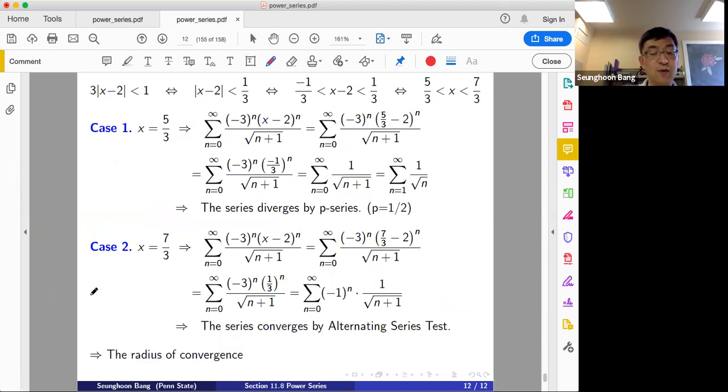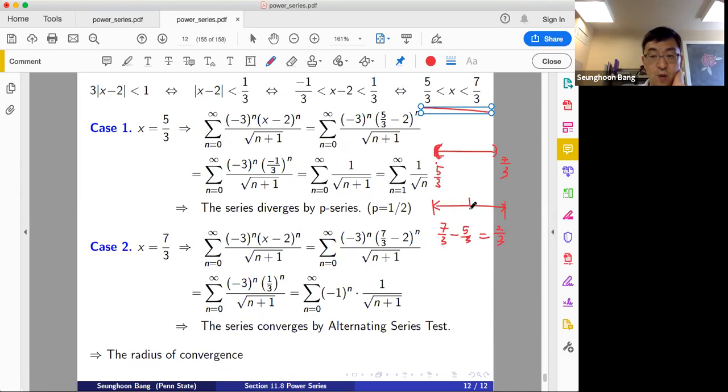So like this, you can combine. Now the radius of convergence and the interval of convergence. Do you know the radius of convergence? You can use this interval from 5/3 to 7/3. What's the length? The length is 7/3 minus 5/3, which is 2/3.